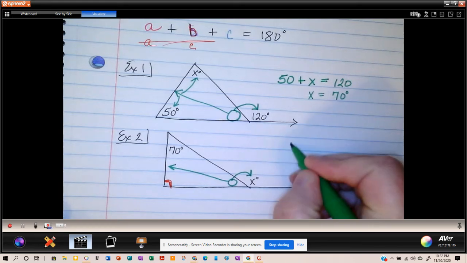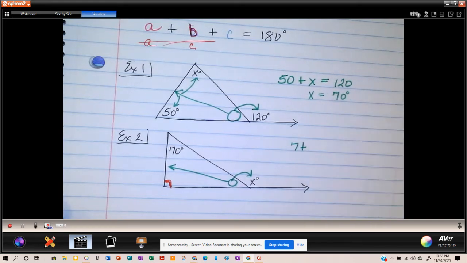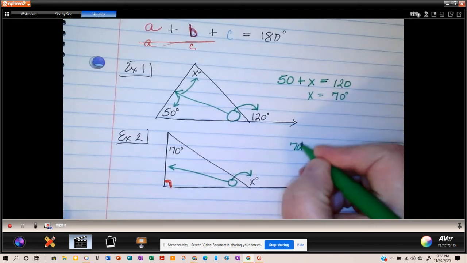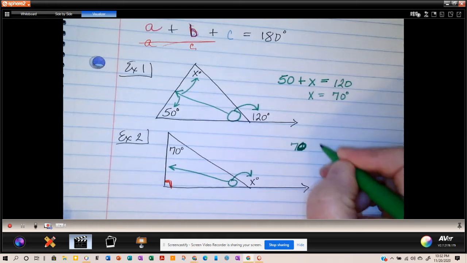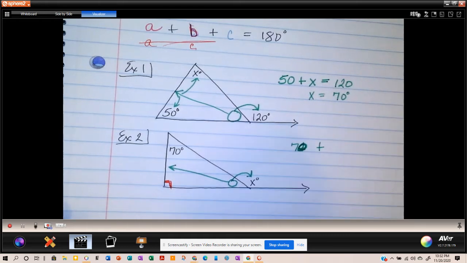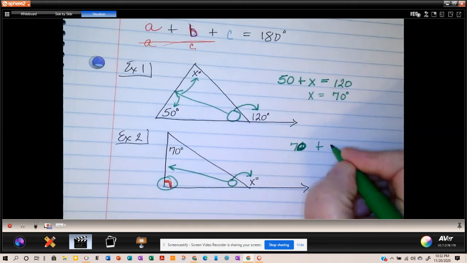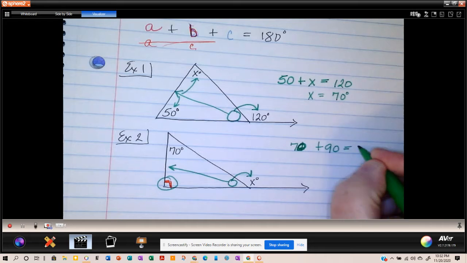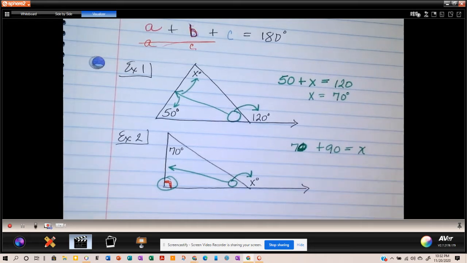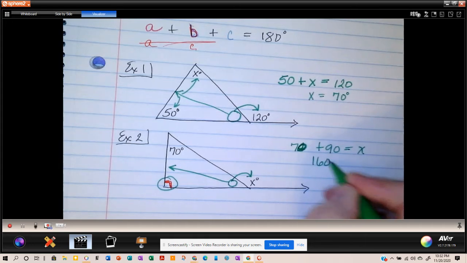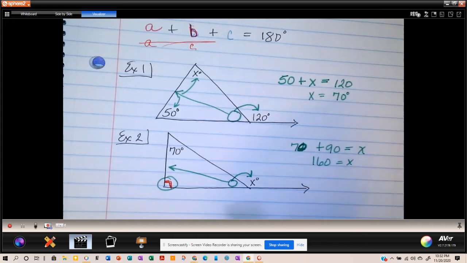So 70 plus that, plus whatever this little red square means. What does that red square mean? It means 90. Good. Is equal to x. Now all I do is add them up, and I get 160 equal to x. So x is 160 degrees.